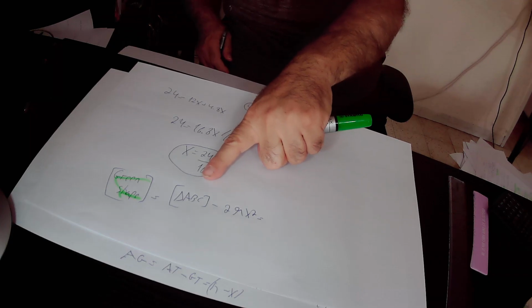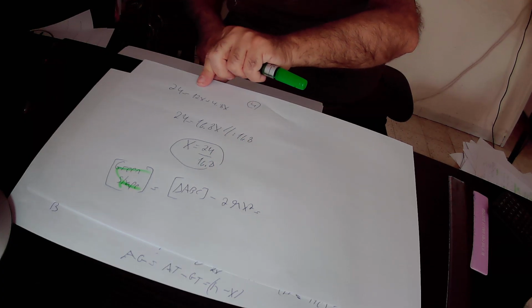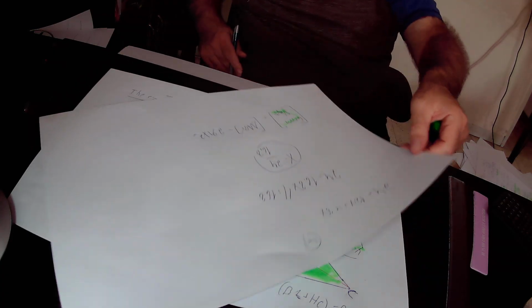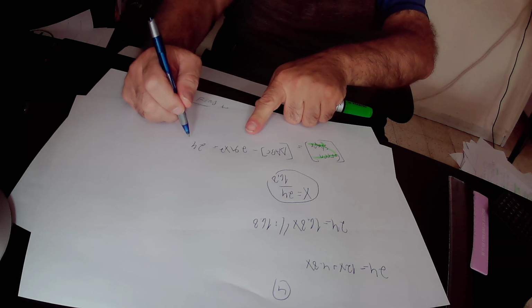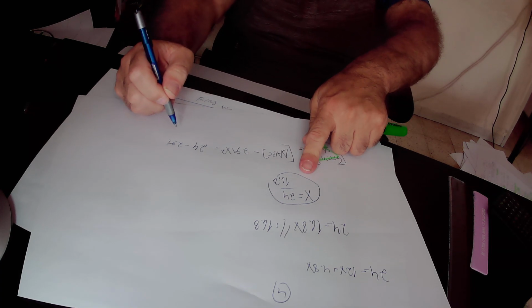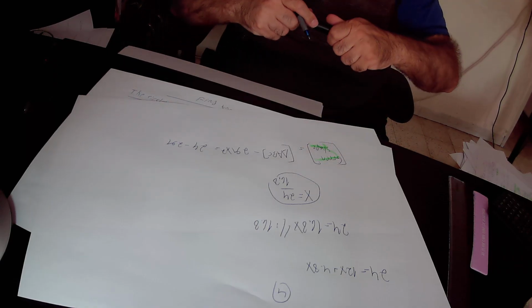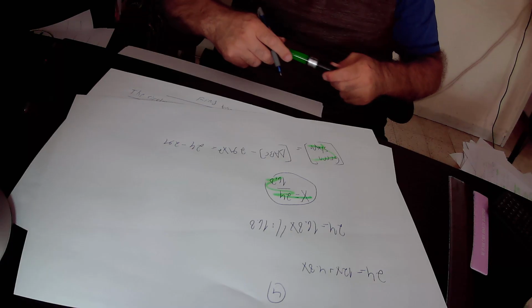The big right triangle ABC equals 24 square units in size, minus 2 pi times x squared. x is 24 over 16.8.